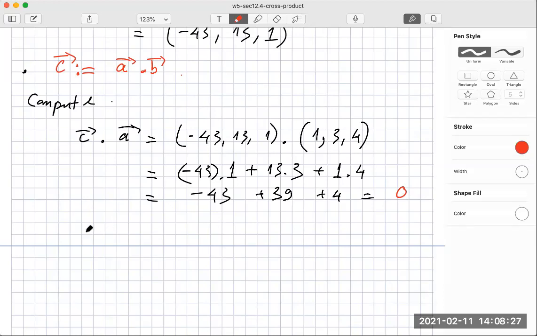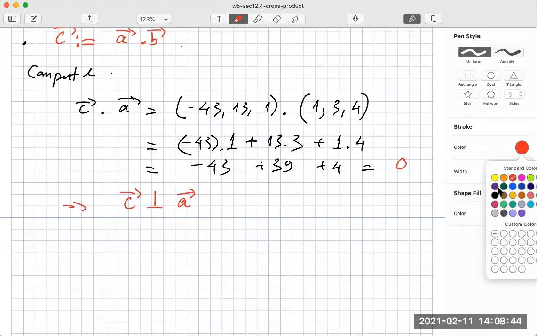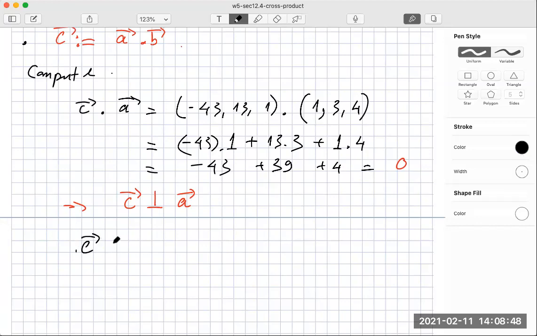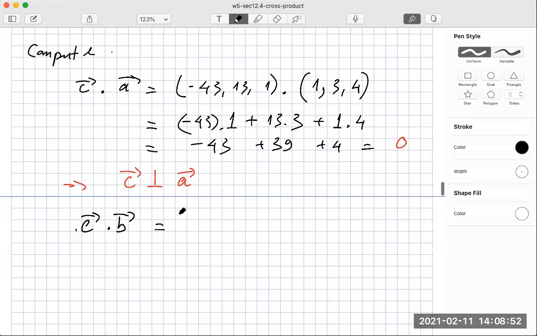In notation, we can write it this way. C is perpendicular to A because the dot product is 0. Thank you, Alok, and everyone. Very good. So let us do the similar thing. How about we find the result of C dot B? What is it?